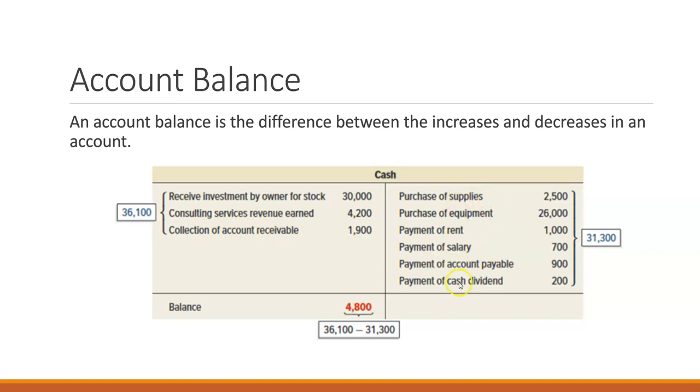We've made payments out of the account for various expenses and the purchase of equipment. At the end of the day, we've added $36,100 to the account and taken $31,300 out of the account for a balance of $4,800.